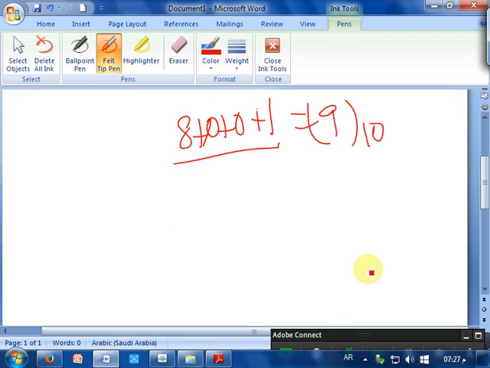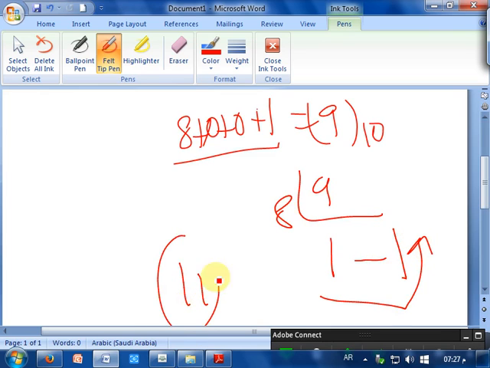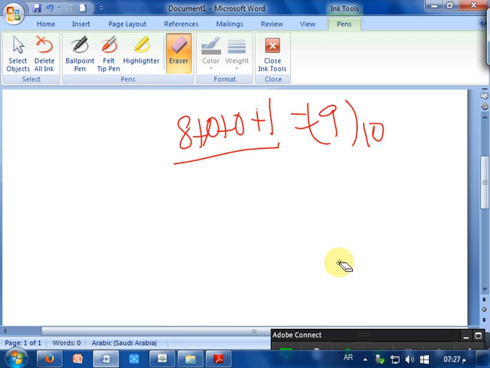Now convert into octal. 9 divided by 8 goes one time, remaining one. 11 is the octal. After decimal, 9 is decimal, right? To convert decimal to any other base, octal, binary, hexadecimal, divide by its base. For binary, divide by 2; for octal, divide by 8; for hexadecimal, divide by 16. So here we convert to octal, divide by 8.